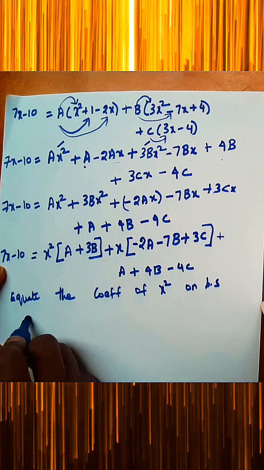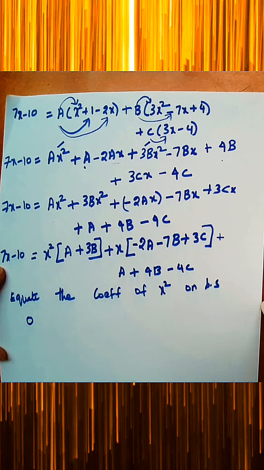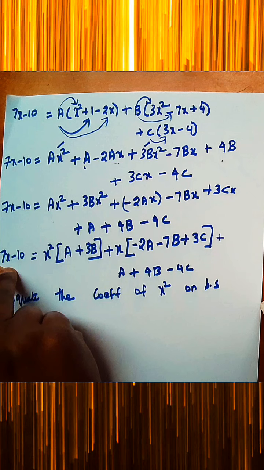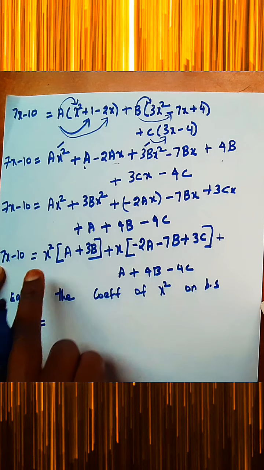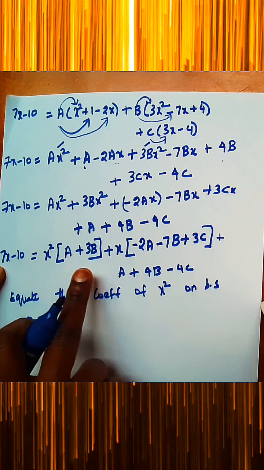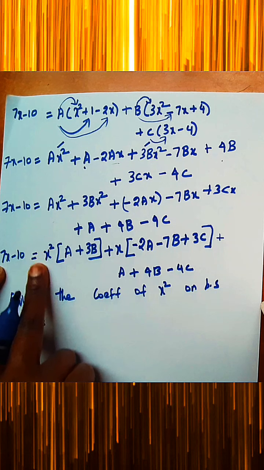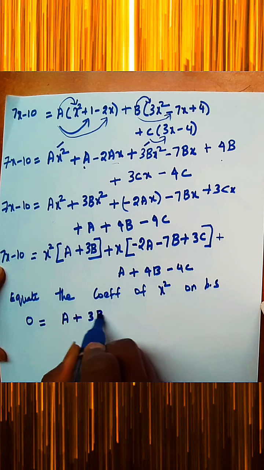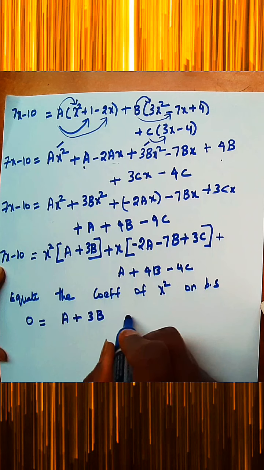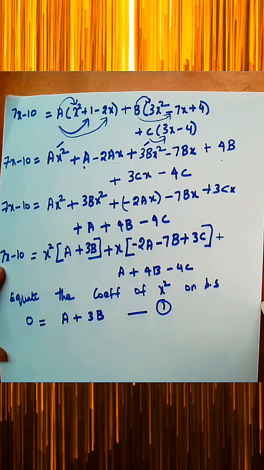So you have to put 0 because there is no x square. So 0 is equal to, what is the coefficient of x square on the right hand side? Coefficient of x square means the term present next to x square. It is a plus 3b. Take it as equation 1.